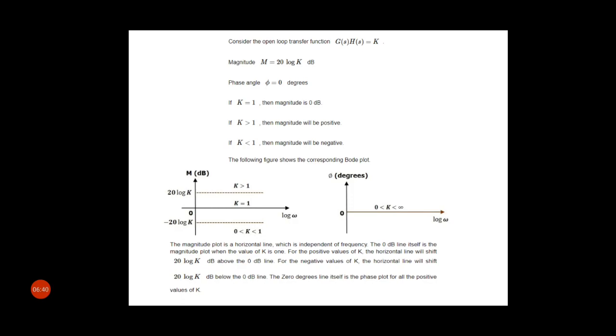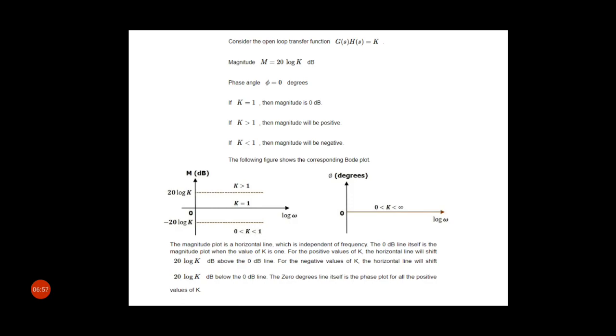So the magnitude plot is a horizontal line which is independent of frequency. The 0 dB line itself is the magnitude plot when the value of K is 1.